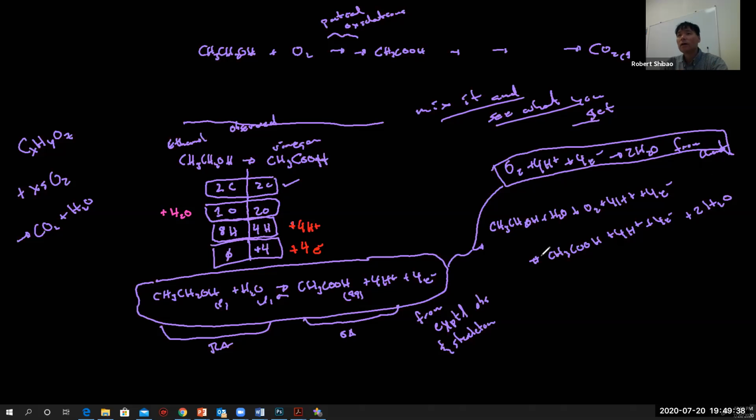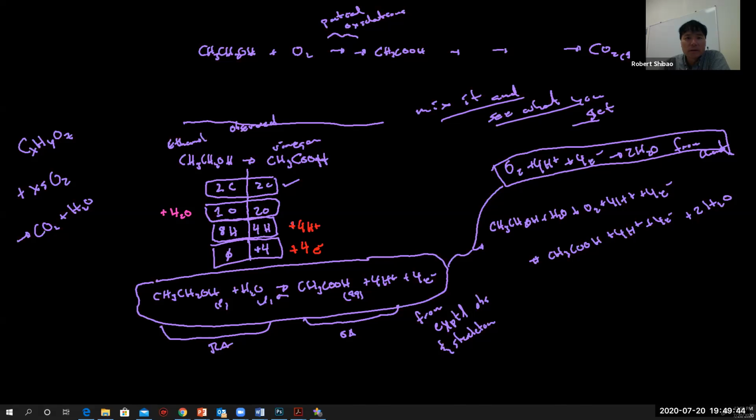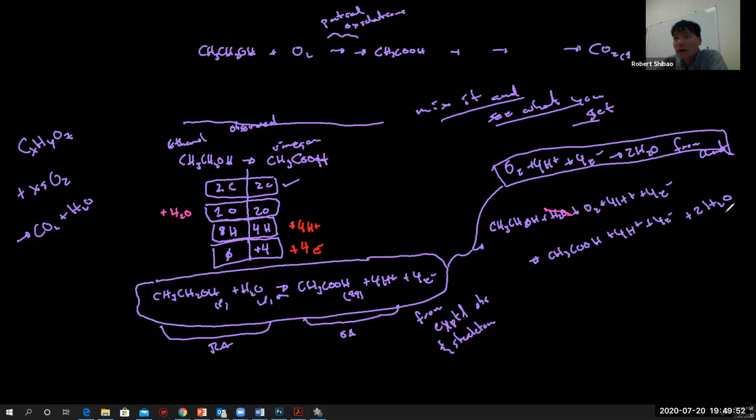And now what I'm going to do is simplify this. I see I have one water here, so let's cancel out that water, and then 2 waters here, so I'll cancel out one of the 2 waters here. I've got 4 H pluses on both sides, I'll cancel that out. 4 electrons on both sides, I'll cancel that out.